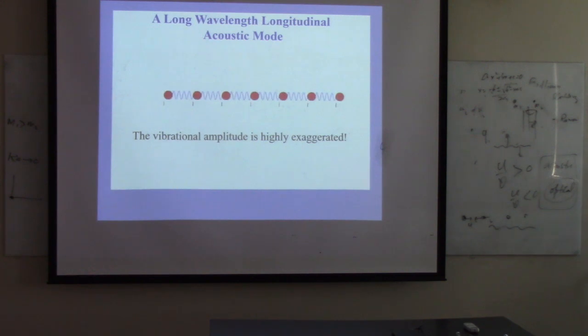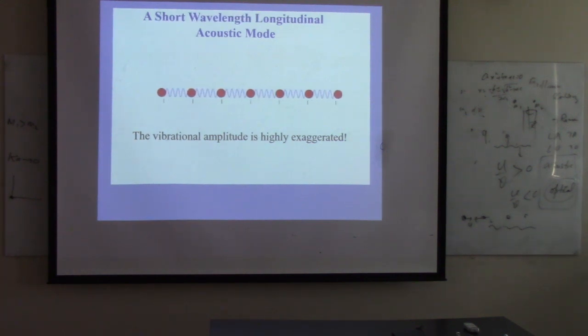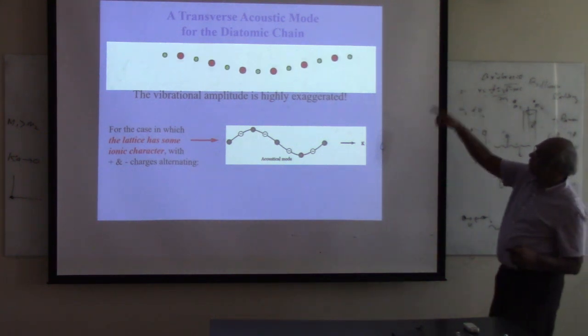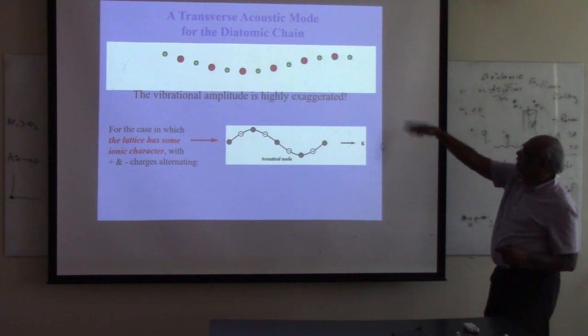Everybody should have a good idea, because you will always see these notations: LA, LO, TA, TO. Everybody should know what that means. This is still longitudinal acoustic, but compared to the previous one, this has higher frequency. What is this one? We already talked about that. This again is acoustic, in the same direction, but transverse.